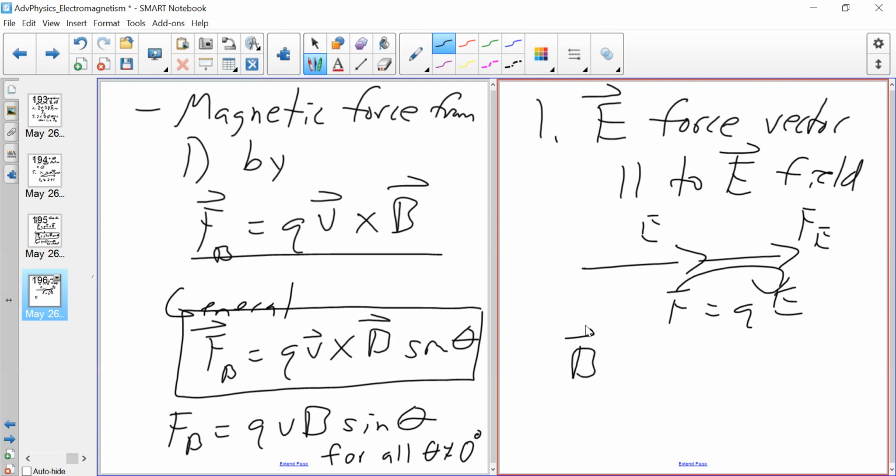Whereas the magnetic force is going to be perpendicular to the field. We see that already from the previous picture. So there are some differences and similarities between the two fields.